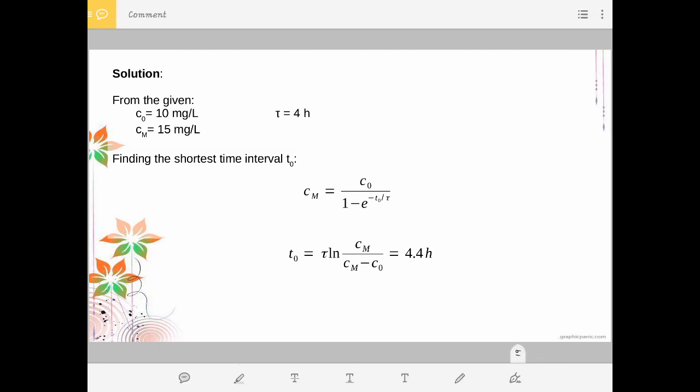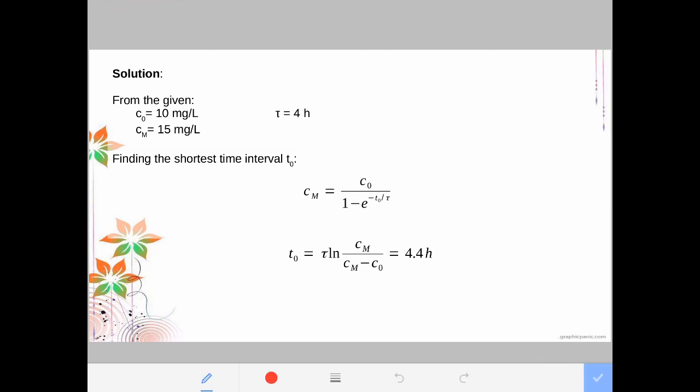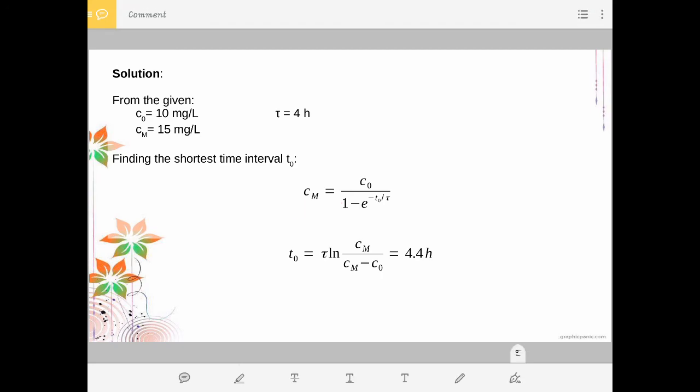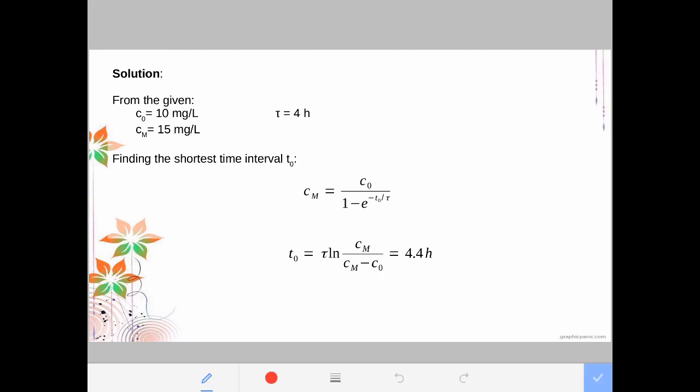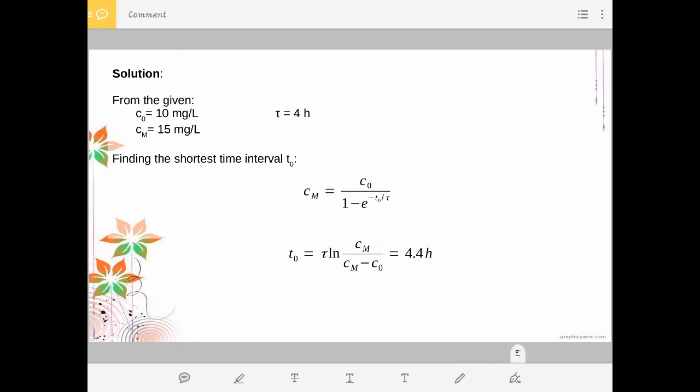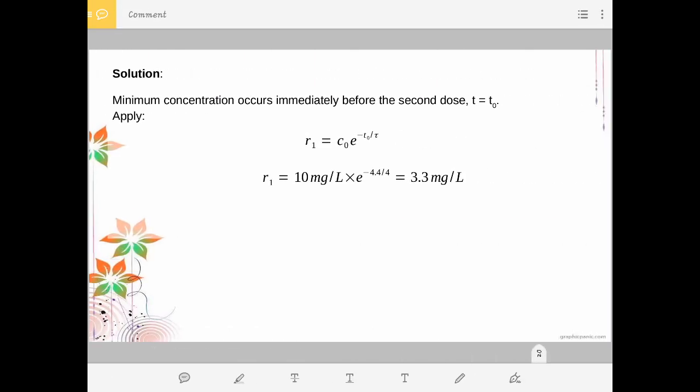To find the shortest time interval, we immediately proceed to Cm. We substitute the variables and solve for T0, the time interval. We end up with a value of 4.4 hours. To get the minimum concentration, the residual concentration, we usually achieve that immediately before the second dose.